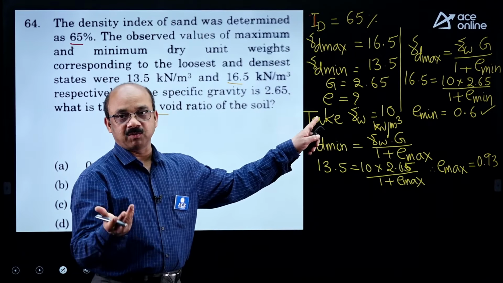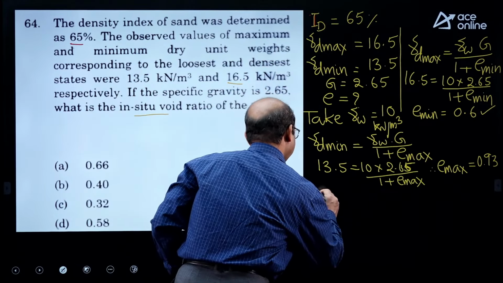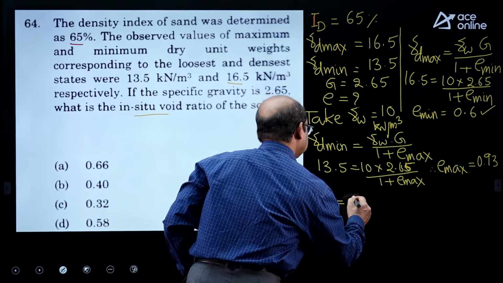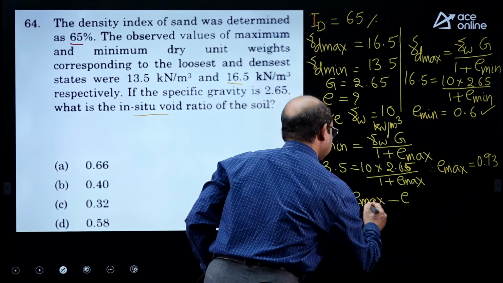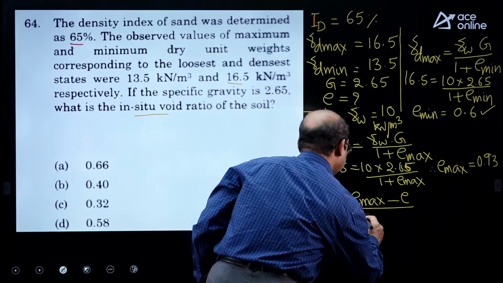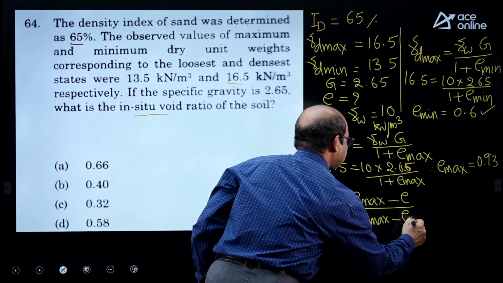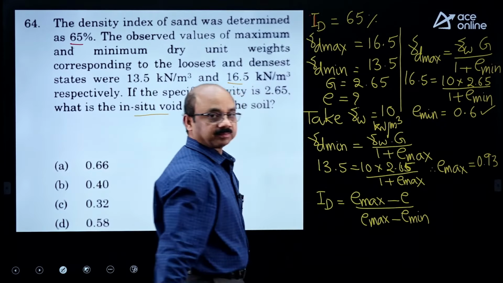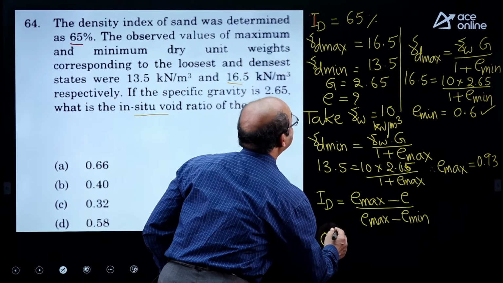You know E maximum, you know E minimum. Now you can go for the ID formula. ID is equal to E max minus E by E max minus E minimum. All the data is available here. ID is given 0.65.